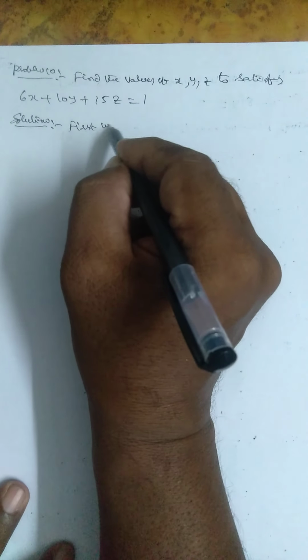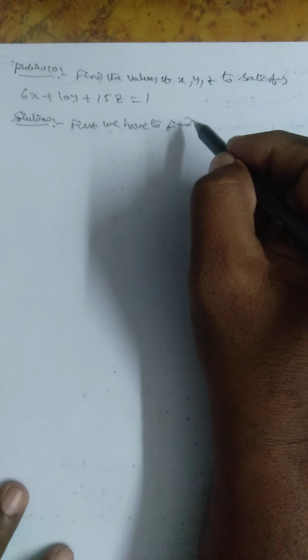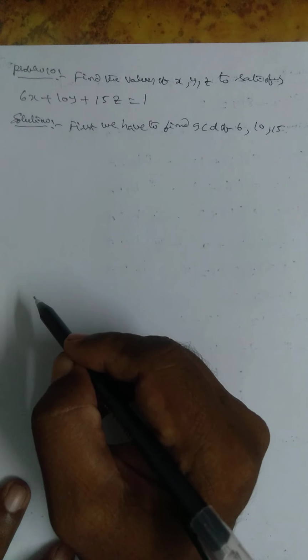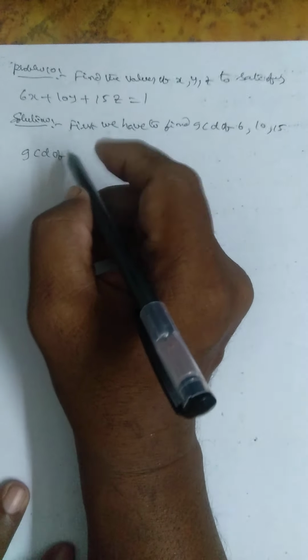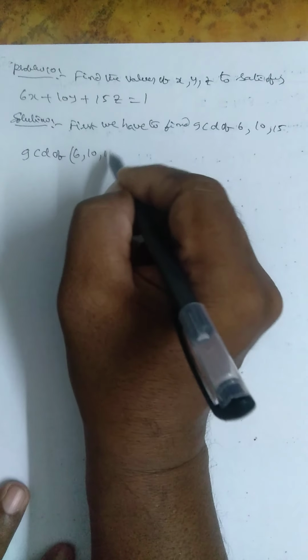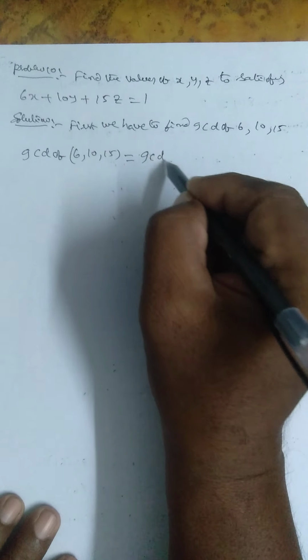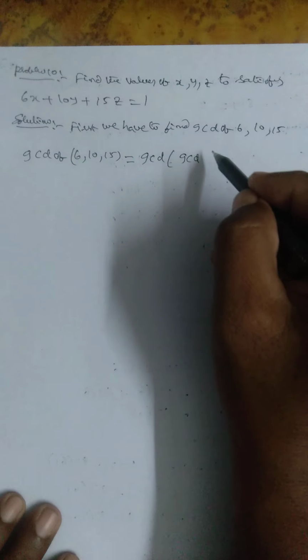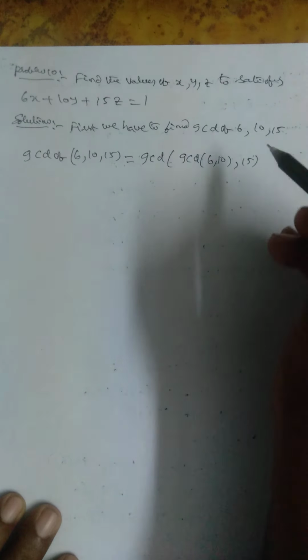First, we have to find the GCD of 6, 10, 15. This is the methodology. So you say this is 1. What is the GCD of 6, 10? We have to find that first.